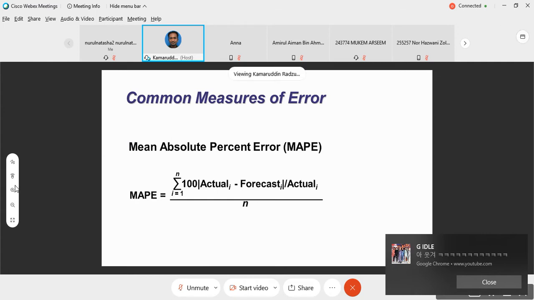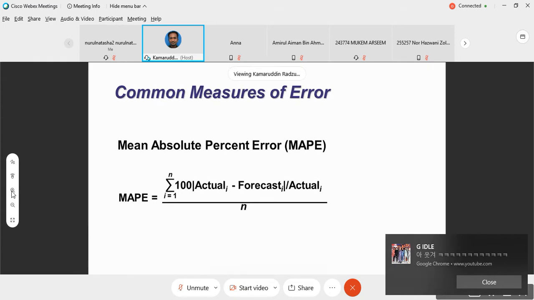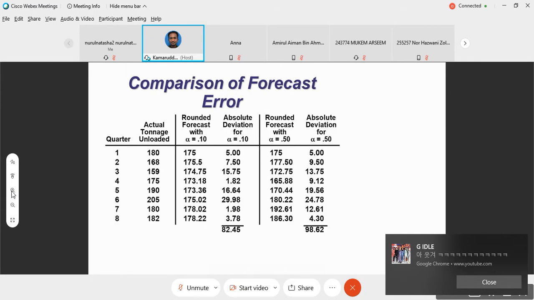So for the discussion of forecasting in inventory management, we only discuss these three techniques that are used to measure the error. So let's say we're using the data that we discussed in the exponential smoothing.